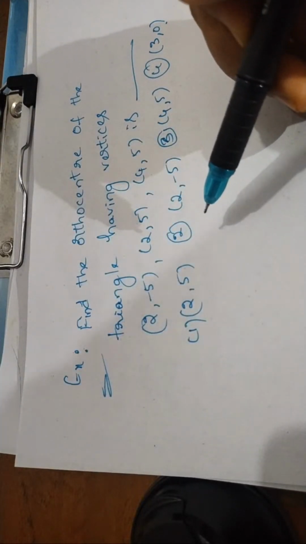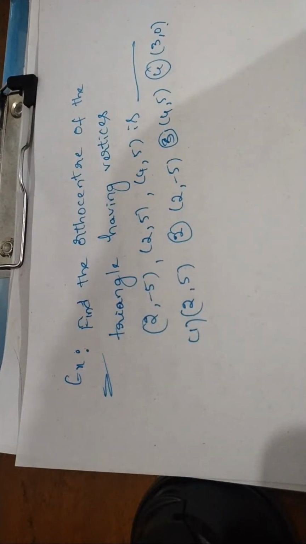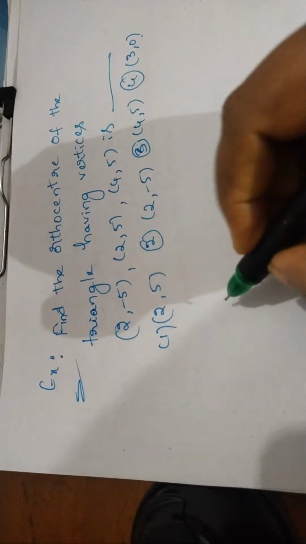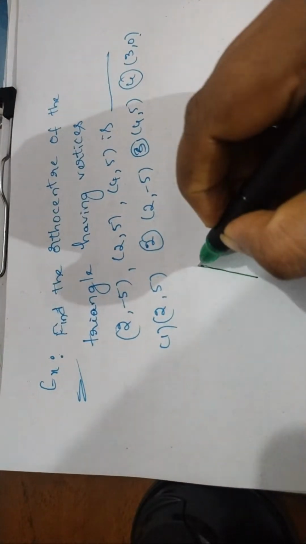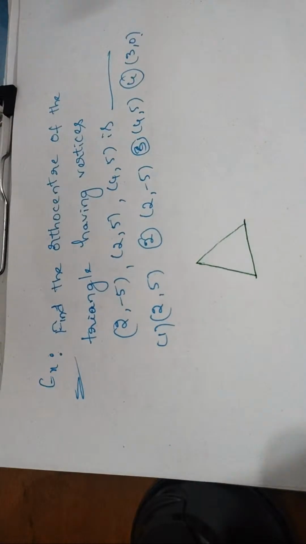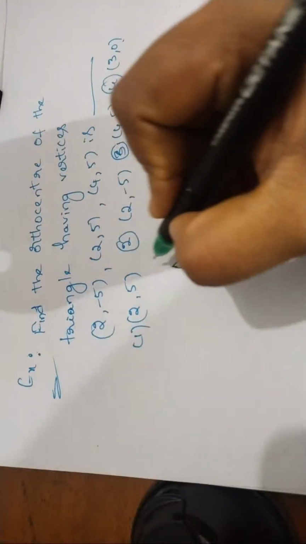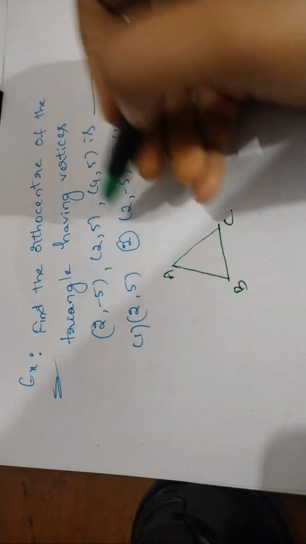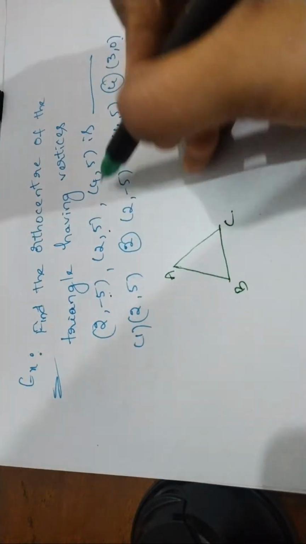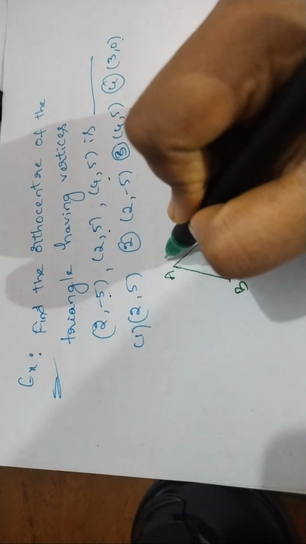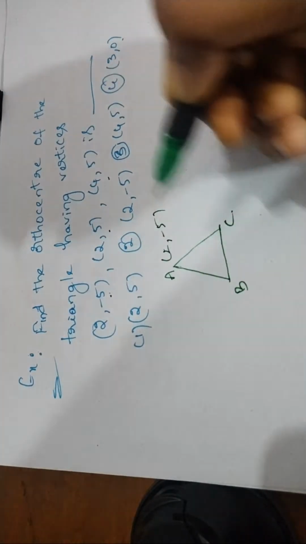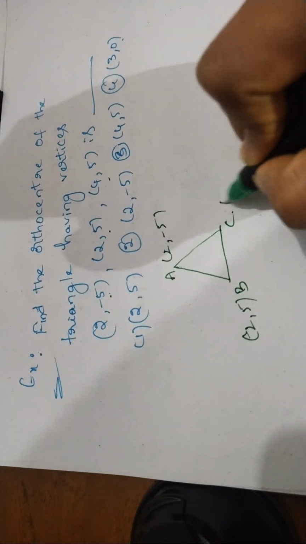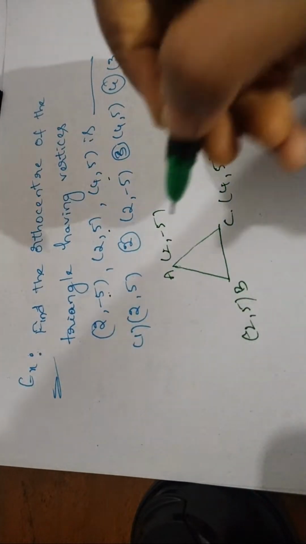We will solve step by step. First I want to take a triangle having vertices A, B, C. A is (2, -5), B is (2, 5), C is (4, 5).